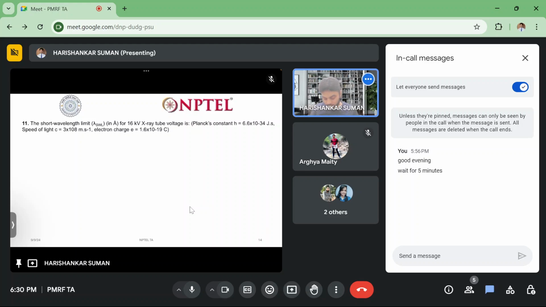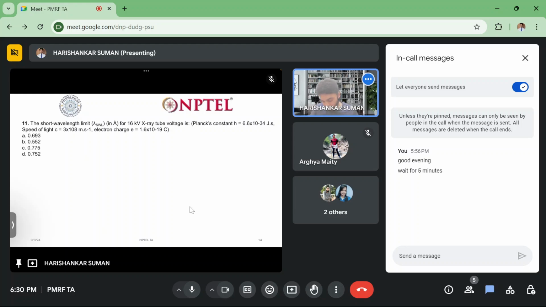Next, the short wavelength limit lambda SWL in angstrom for a 16 kilovolt X-ray tube voltage is, with Planck constant h, light speed and electronic charge given.